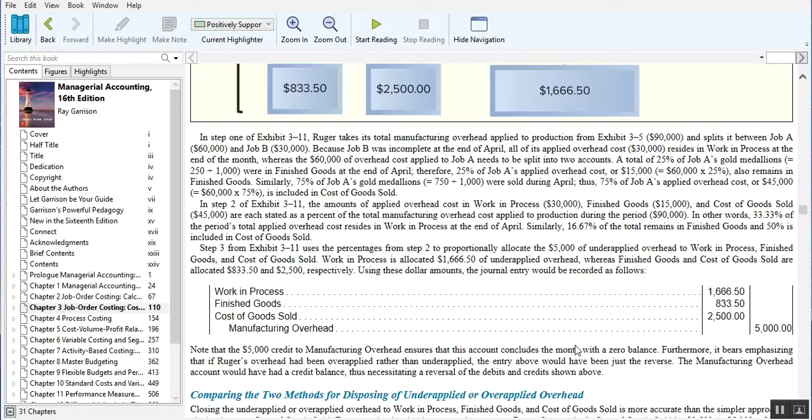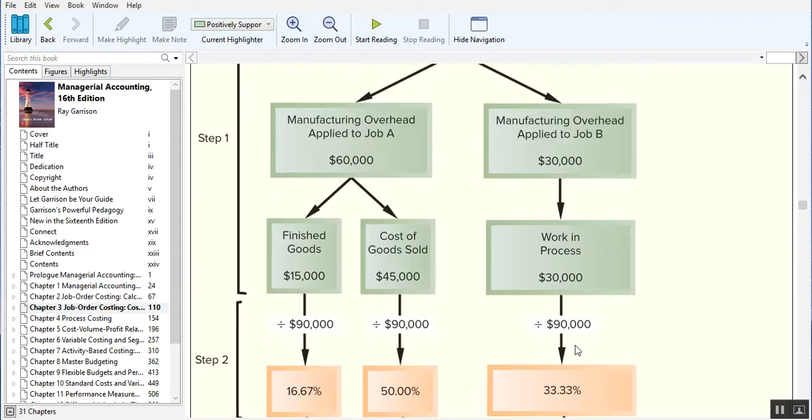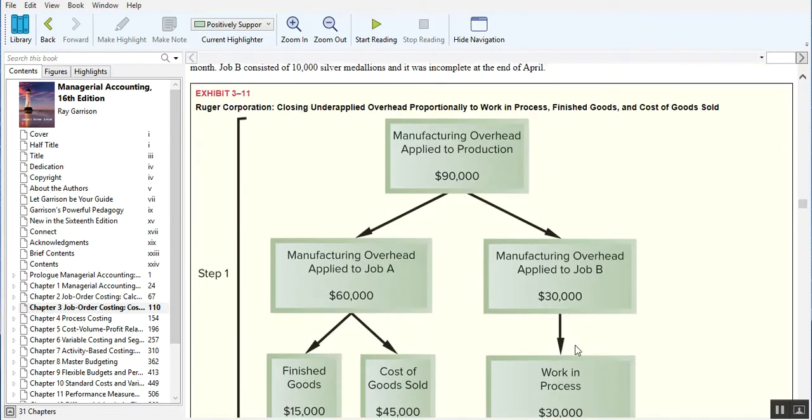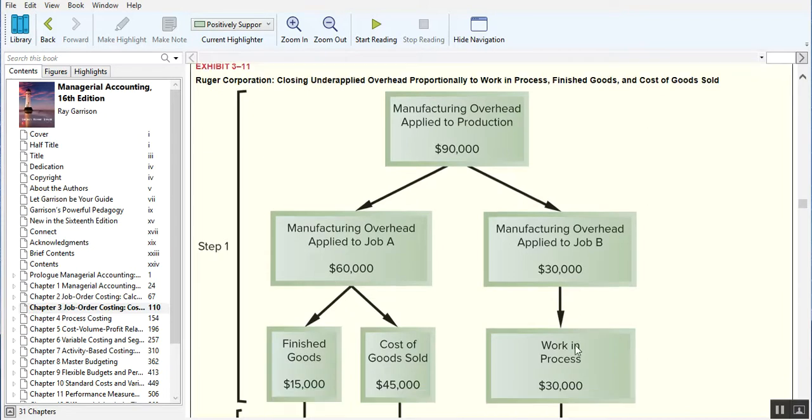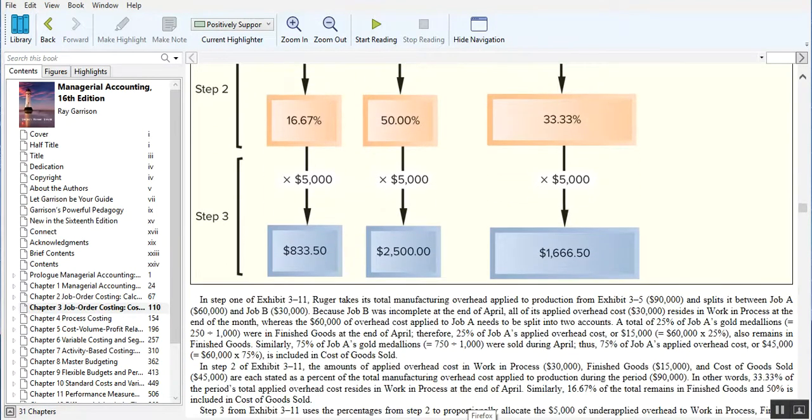I'm sorry, I kind of messed that up a little bit, but hopefully it didn't confuse you too much. Anyway, look at this diagram here, because this is how we closed it out, but they're going to actually assign it to the different jobs that they have to assign it to.